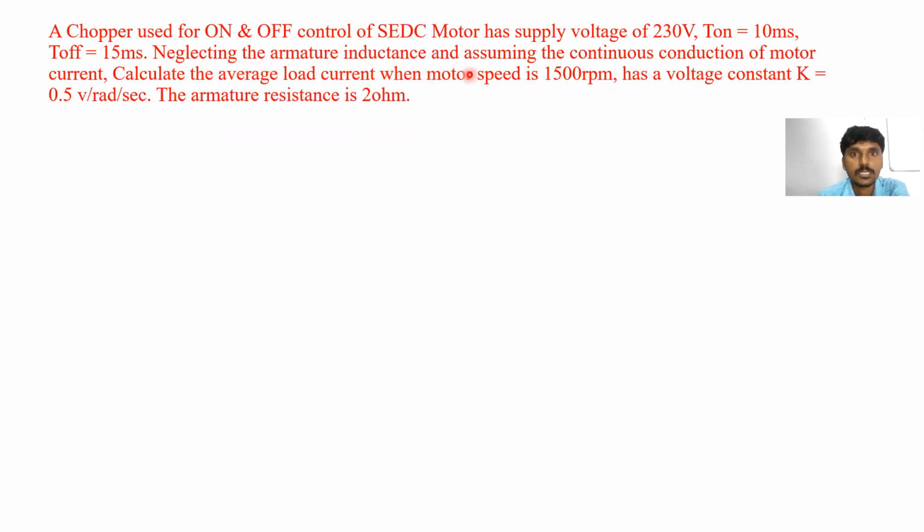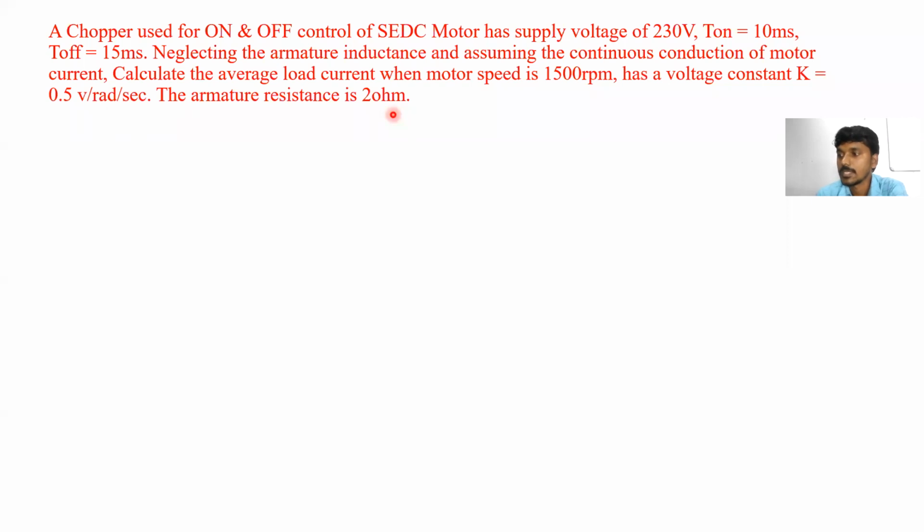Neglecting the armature inductance and assuming continuous conduction of motor current, calculate the average load current when the motor speed is 1500 rpm, and the voltage constant K is equal to 0.5 volts per radian per second. The armature resistance is equal to 2 ohms.